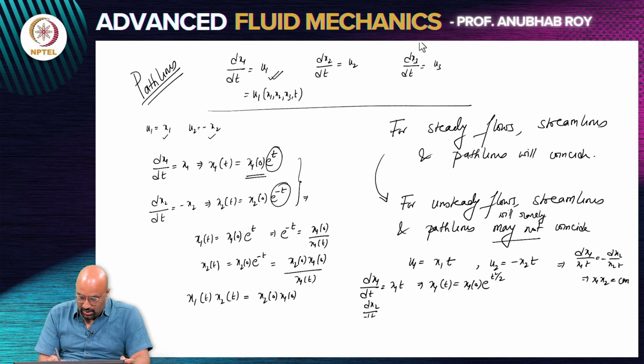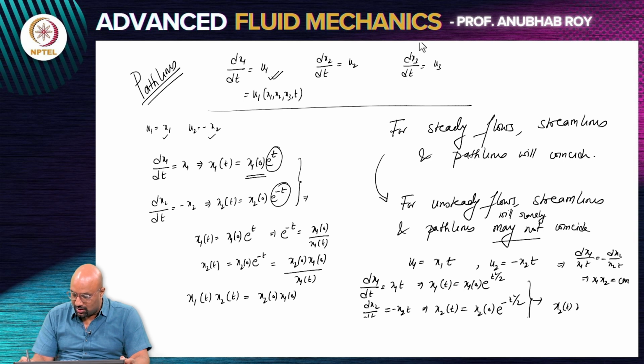And dx2 dt is equal to minus x2 t, which has the solution x2 of t equal to x2 of 0 exponential of minus t square by 2. If you once again do the elimination that we just did, you land up with x2 of t times x1 of t equal to x2 of 0 times x1 of 0. So, even though this was an unsteady flow, the streamlines and path lines are coinciding.